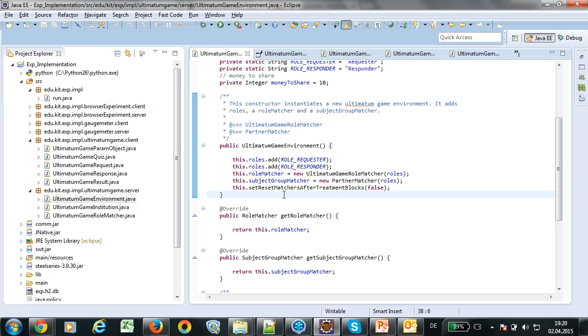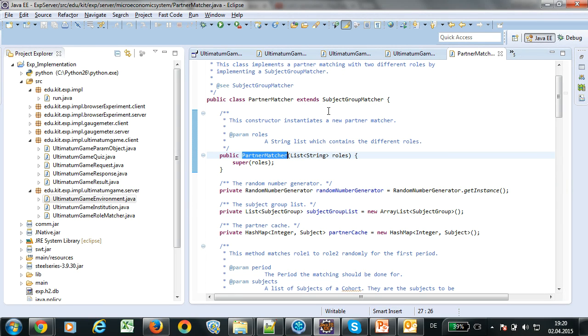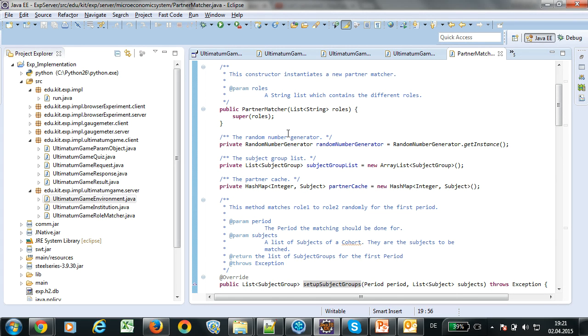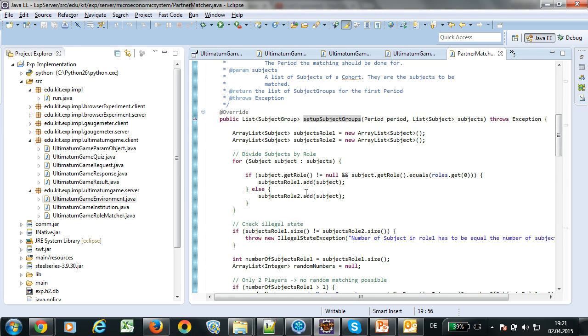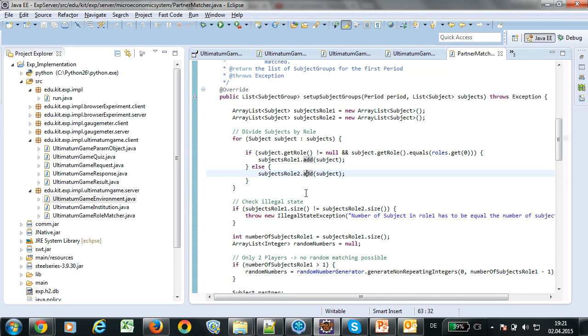So the grouping denotes, for instance, I could even put 3 people in a group and so on. This group allocation is what is done in the subject group matcher. So you could have your own instance of the subject group matcher, and in here you could define how you want to divide the groups.